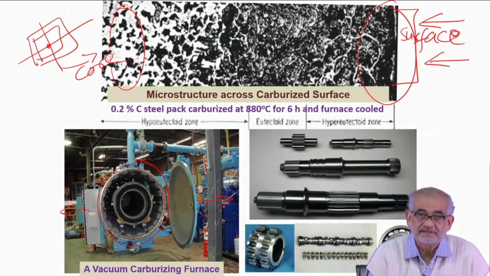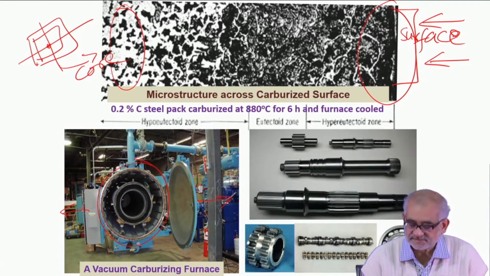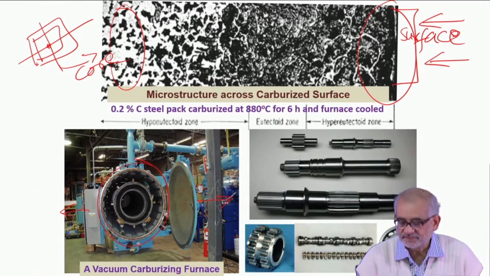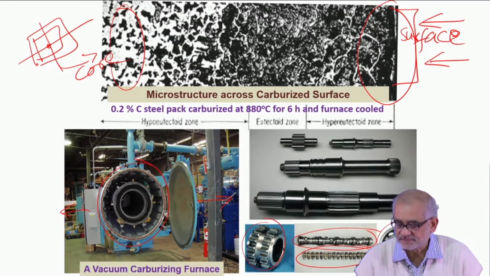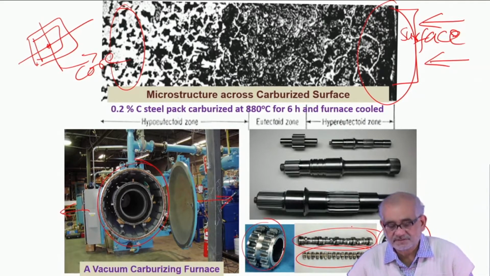So you operate at maybe 10 raised to minus 2 or minus 3 millibar when you backfill with methane or other desired gases. And we already have discussed, these are very ideal specimens for gas carburizing or vacuum carburizing and so on.